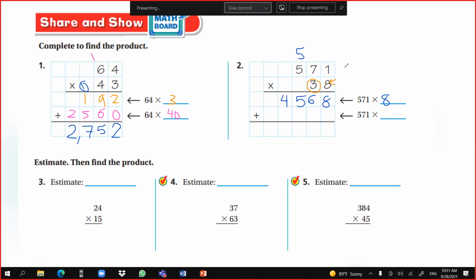But before you multiply it, look at number 3 here. What's the place value of number 3? Is it ones or tens or hundreds? Yes. No, it's tens, ones.